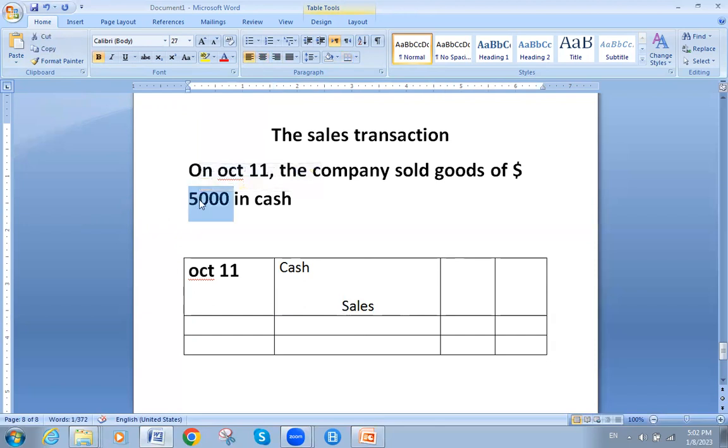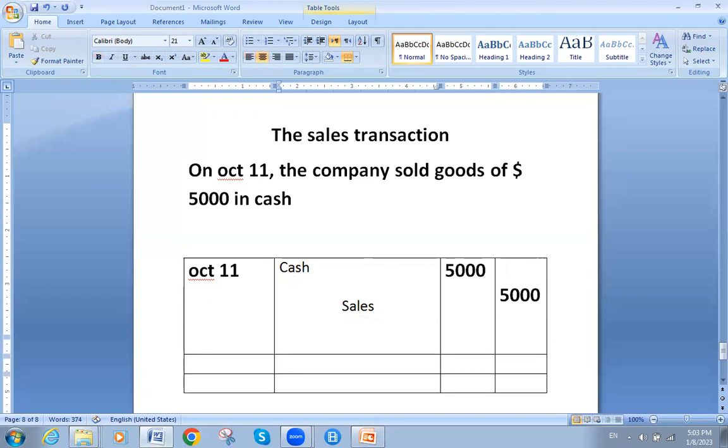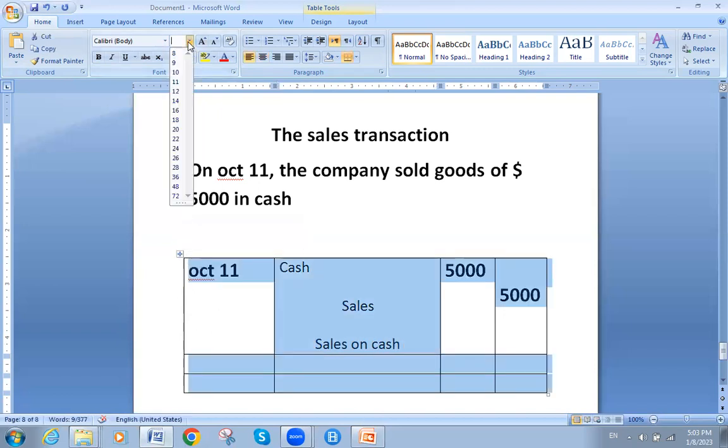So I will write 5,000 here once, and another once down here. Then what is the description of this transaction? Sales on cash. That will be the description of the transaction.